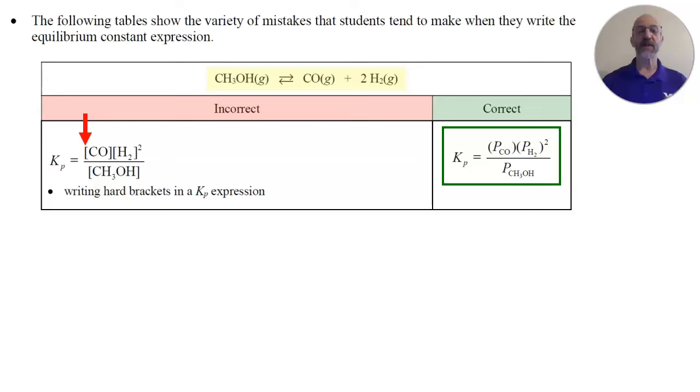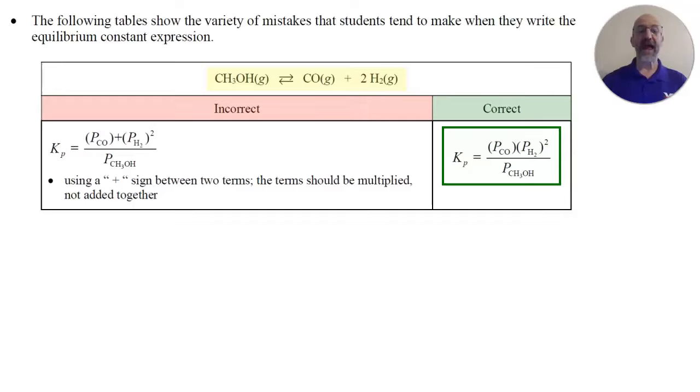So again, know the difference between Kp involving partial pressures and Kc involving concentrations with hard brackets. Now, this student did not write hard brackets, they wrote parentheses, but there is no capital P for pressure. So another mistake is omitting the capital P symbol, which indicates partial pressure when you're writing a Kp expression.